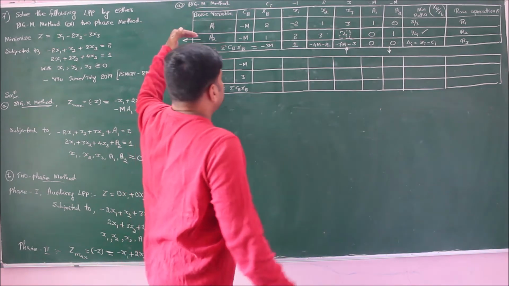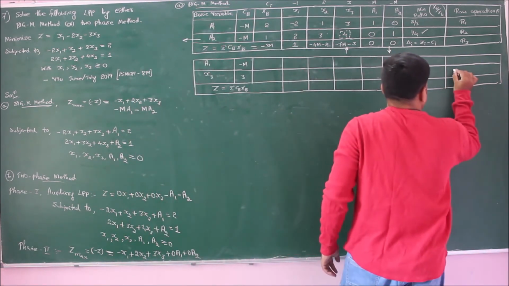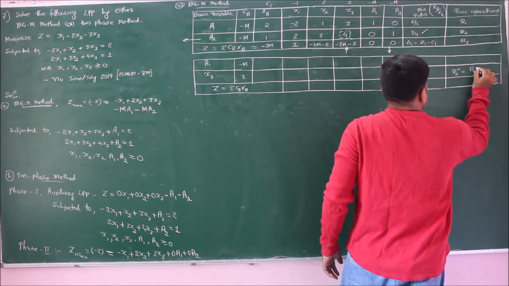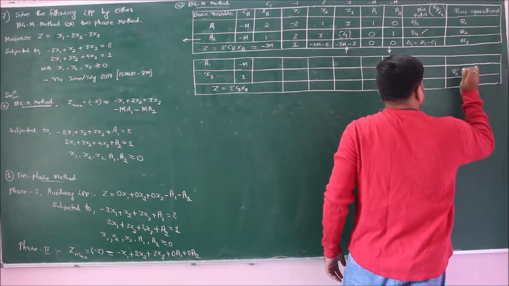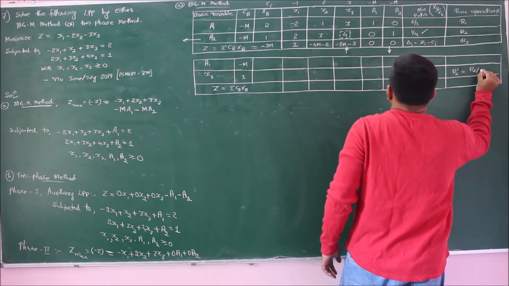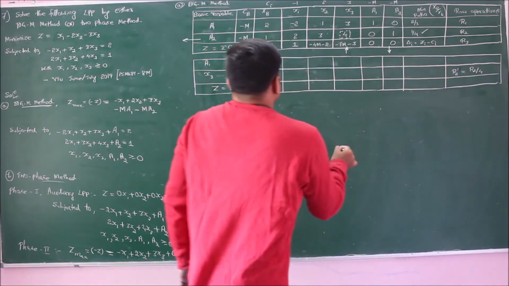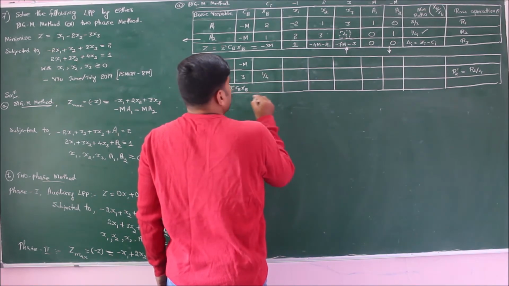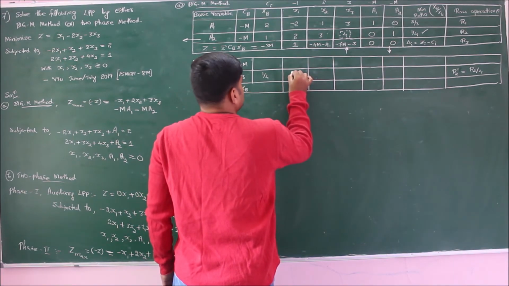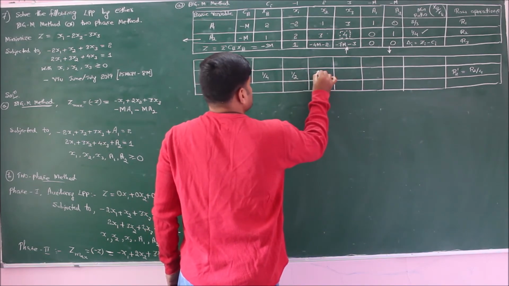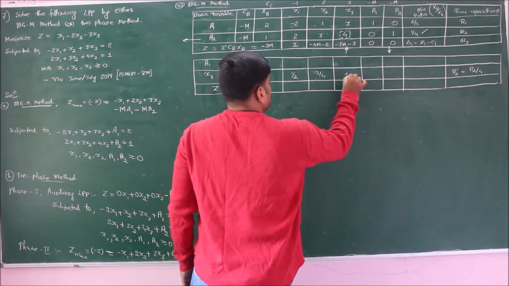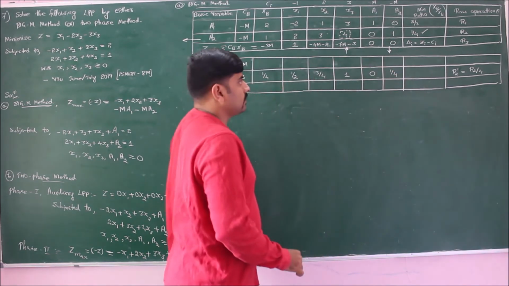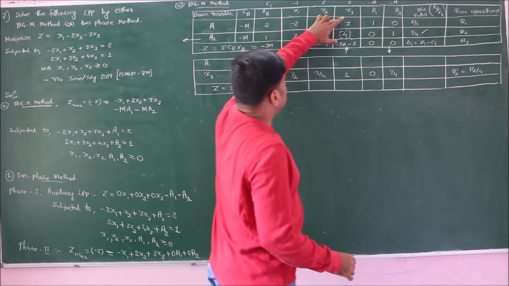First fix the key row, that is R2 double dash, which is equal to R2 dash, which is equal to R2 by 4. If I do that, the key row will become 1 by 4, 1 by 2, 3 by 4, 1, 0, 1 by 4. Now I should make these two elements 0.